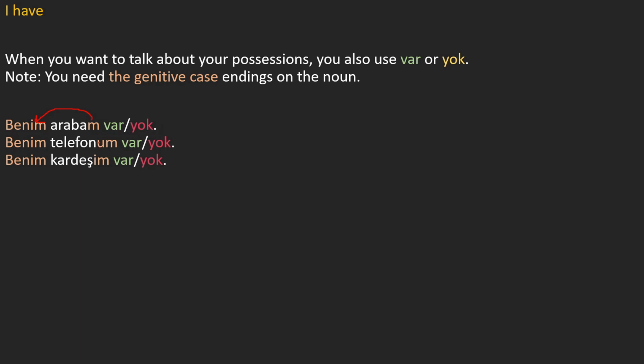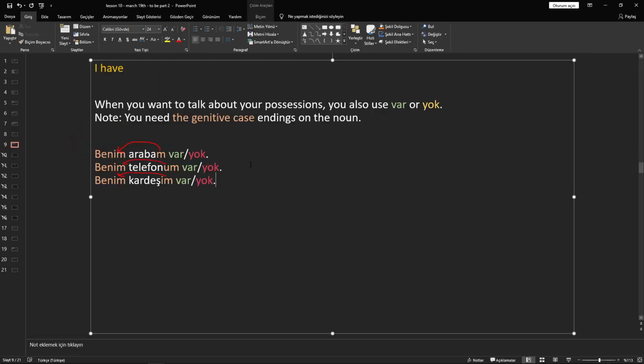So again, benim telefonum. This shows the possession. So the phone belongs to me. Benim telefonum var or yok. Benim kardeşim. The same thing again. Var or yok. So this is more like I have a car, or I don't have a car.